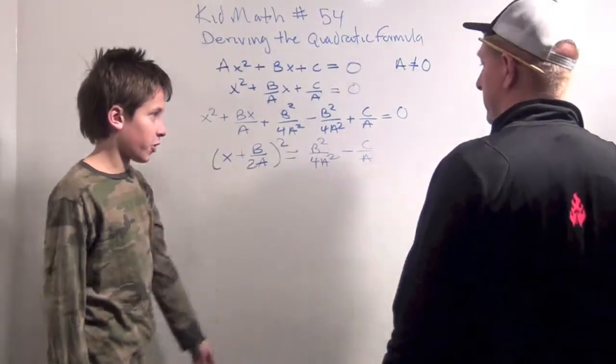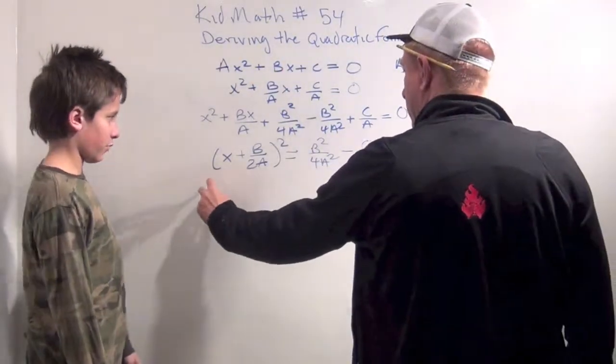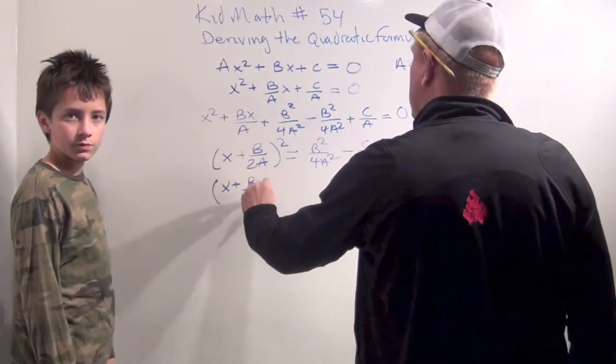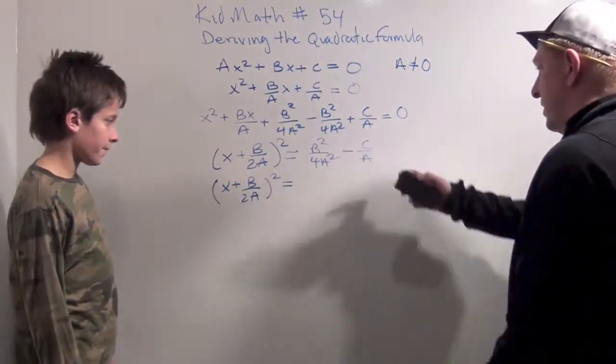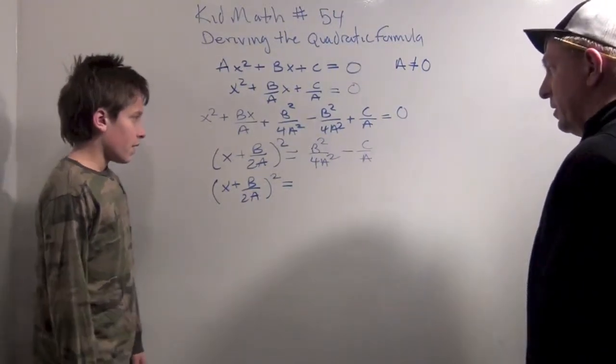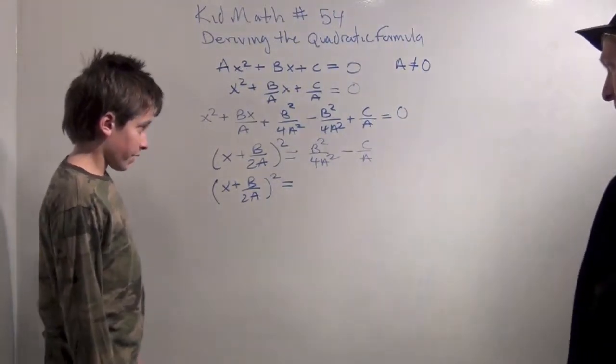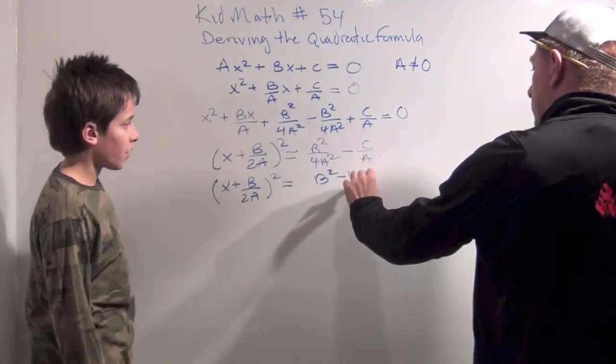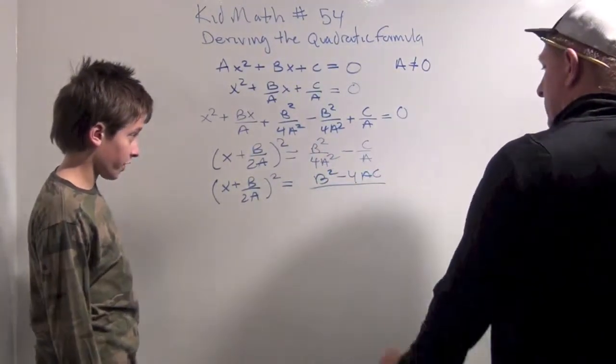So we multiply by 4a over 4a on c over a, so I get x plus b over 2a squared equals what? What does this side turn into when you get a common denominator? It's b squared minus 4ac over 4a squared.